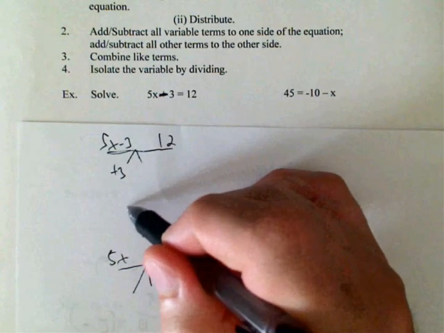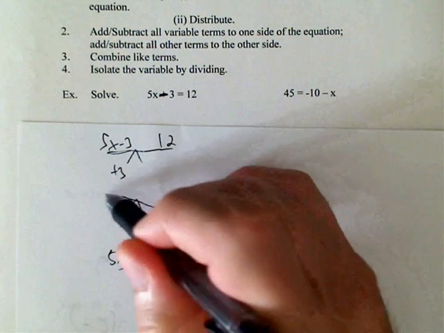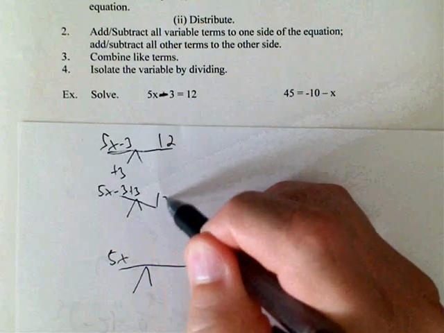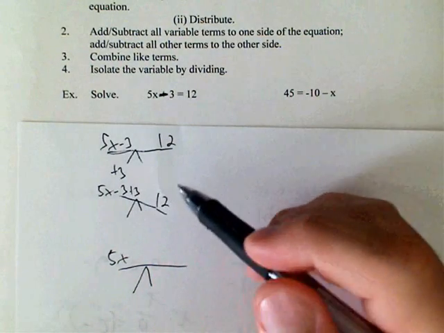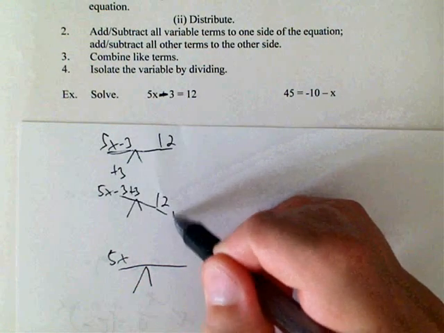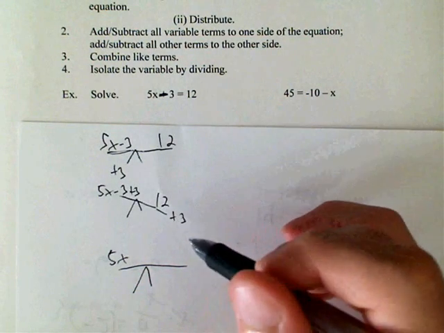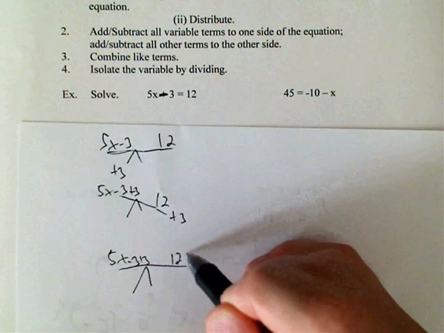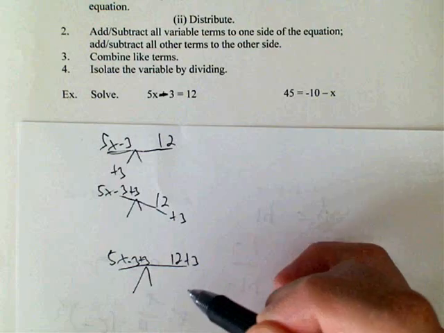Now when you do that, here's what happens. The teeter-totter is no longer balanced, because it has 3 more pounds over here. So to make it balanced again, without changing this side, we're going to come over here and add 3 more pounds. So what happens when you do that, it is now balanced once again.